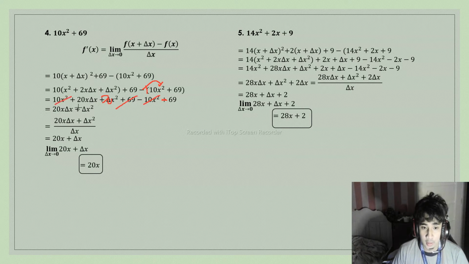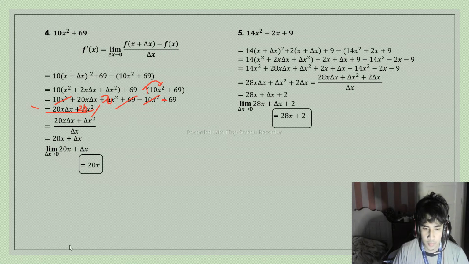Tapos ito, 20x delta x po siya. Delta x squared. So, that will be leaving us 20x delta x plus 10 delta x squared over delta x. Ito na yung first step. Nakuha natin sagot.